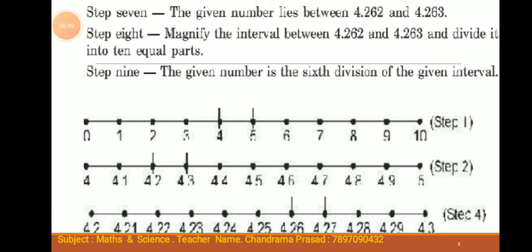Students, first draw the number line with the help of a scale and mark the numbers 0, 1, 2, 3, 4, 5, 6, 7, 8, 9, 10. The given number lies between 4 and 5 because it is more than 4 but less than 5. Step 2.